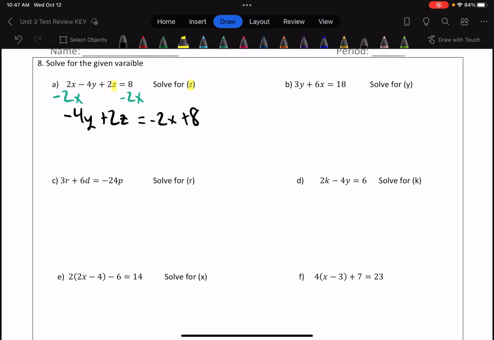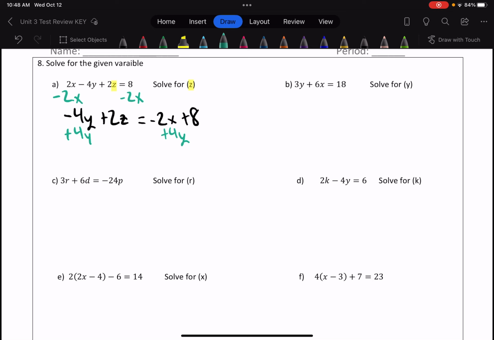And guys, I always put the variable term before the constant term just because that is their order of degree. A variable term is always going to hold a higher order of degree than a constant term. Now, I still do not have that variable z isolated, so I'm going to add a 4y to both sides.